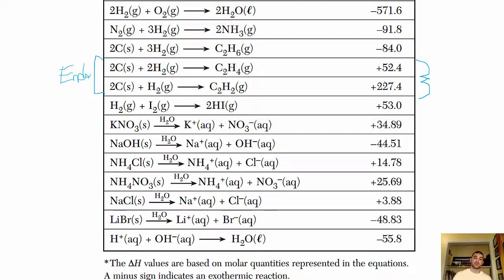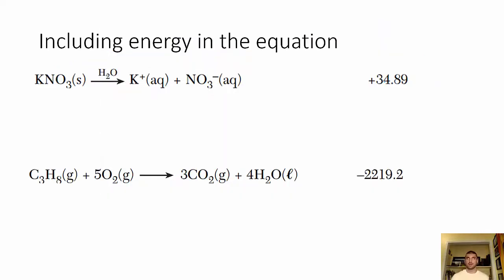All right. So now the question becomes, endothermic means we're adding energy. If I were to include energy into the equation, where would I put it? Well, if we're adding energy, then it's a reactant. So if this is my reaction, KNO3 plus water, I'm dissolving this stuff, giving me the ions, has a positive delta H. That means I had to invest energy.